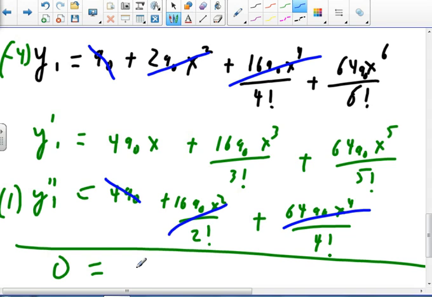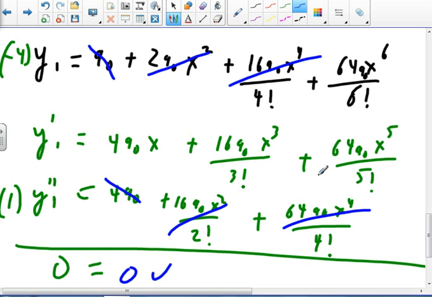Boom, boom. So 0 is equal to 0 and it checks. So my y1 term checks. My y2 term is going to check. I have two independent solutions. I could put them together. There'd be nothing wrong with putting them together with both a1s and a2s. I could do that too.